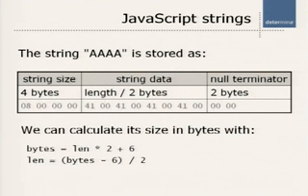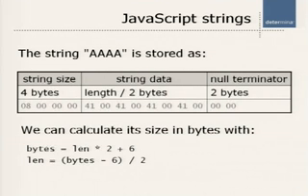So let's look at how JavaScript treats strings and how it stores them in the memory. The strings are stored as BSTR structures. It's an OLE type. You have the string data, which is in Unicode, so each character takes 2 bytes.